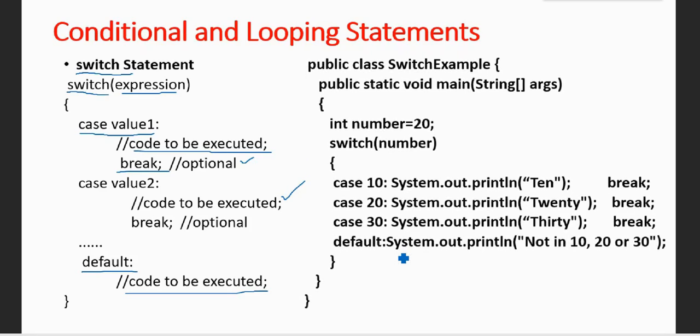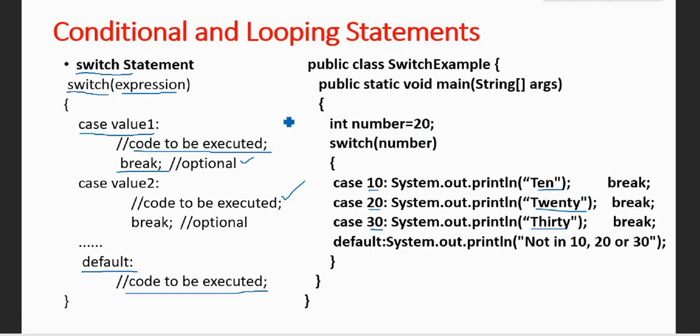Now I have given here one switch statement with an example. I have taken the same previous example, number equal to something, then switch on number. If this number value is 10, I'm printing the word 10. If the value is 20, I'm printing 20. If the value is 30, I'm printing it in words as 30, and I'm applying the break.